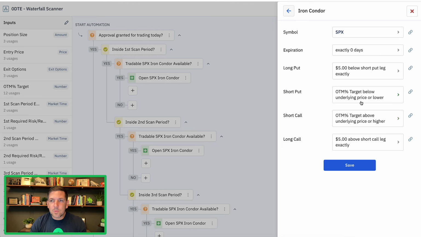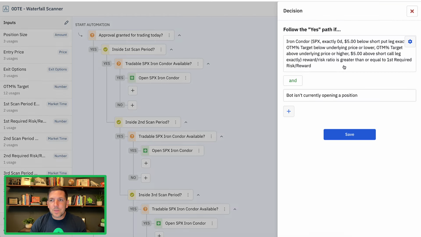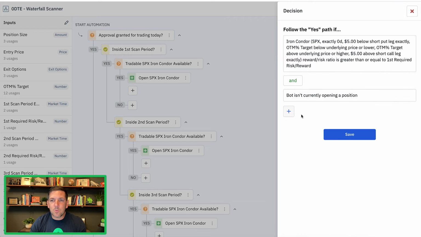It's looking for those potential targets, whether it's 0.5%, 0.4, 0.3, whatever you set it as. And it's looking for that position and then trying to see if that position has a risk to reward that's greater than your first required risk to reward ratio. So if you're in your first scan period, then it's going to look for the first required reward to risk ratio for that potential trade. And it's also just going to quickly check and make sure the bot's not already opening a position, because these things are running fast every single minute.